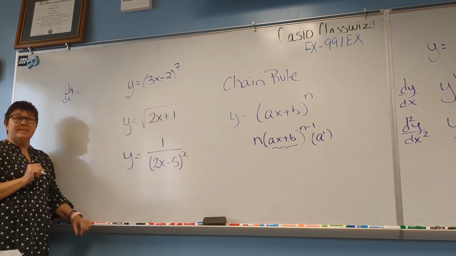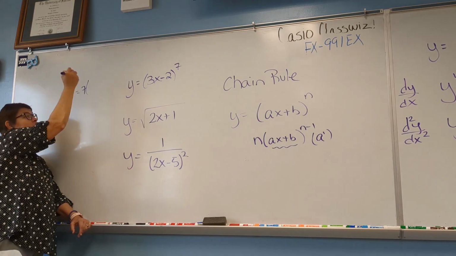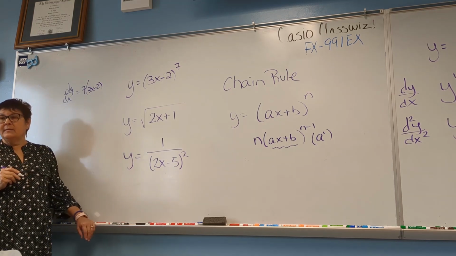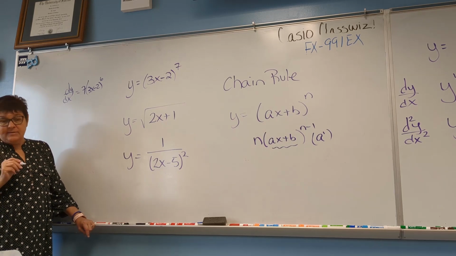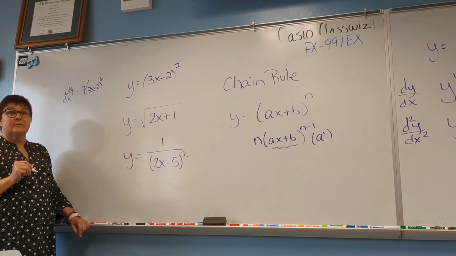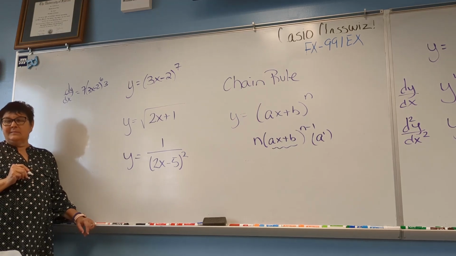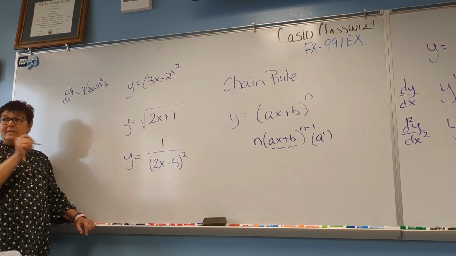So the chain rule says take exponent, bring it to the front, rewrite junk. What do I do to my exponent? -1. Okay, cool. And then in your brain, take the derivative of the junk. What's the derivative of the junk? 3, indeed. Can you clean that up a little bit? What can I do to make it prettier? 3 times 7, which is?